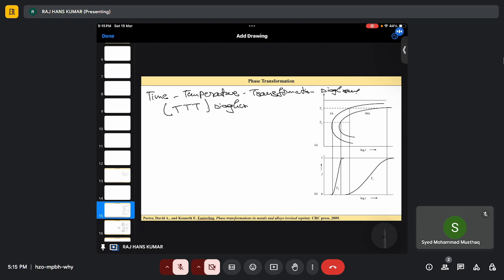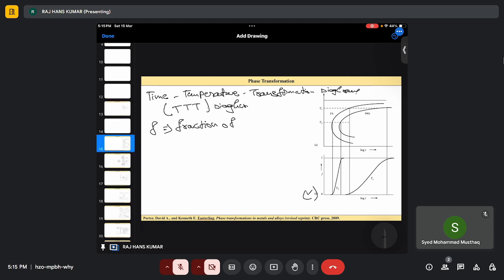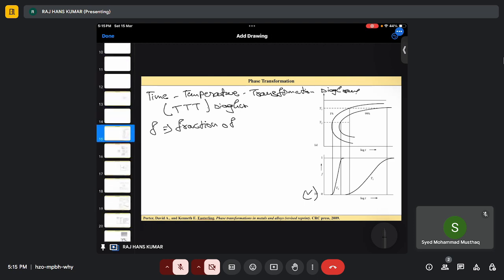Okay. Now let's first see the B1. F is my fraction of phase transform. So F is my fraction of phase transformed. What do I mean?